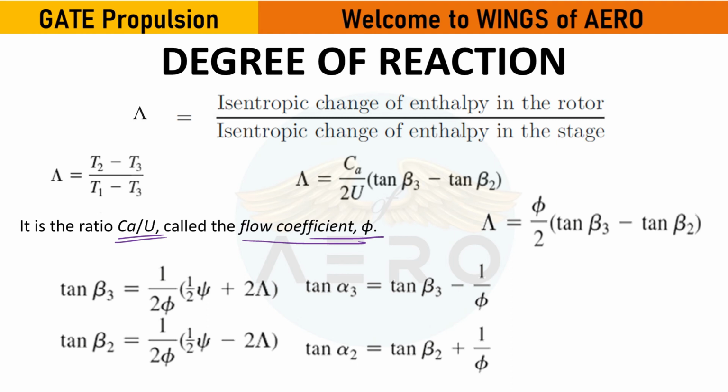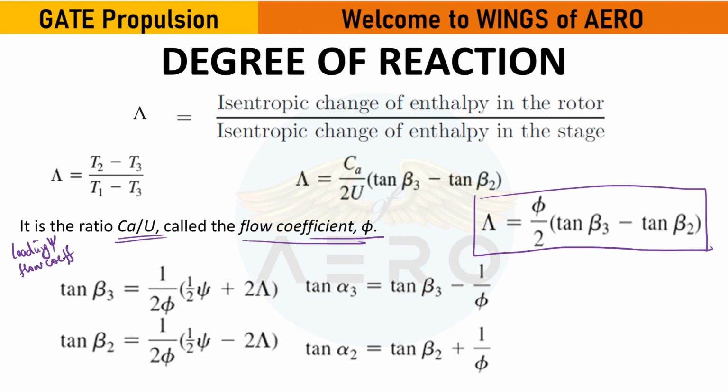Further, these values can be written in terms of that. Now this kind of question might come: how the stage loading psi, the flow coefficient phi, and the degree of reaction lambda are connected with each other. So you need to remember these formulas.